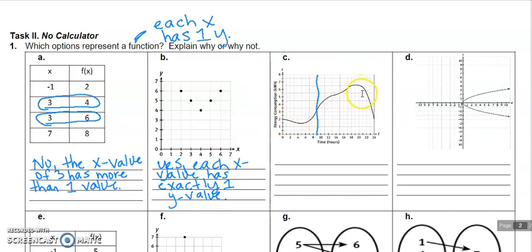And I don't think it's going to end up anywhere where it can intersect the relation more than once. So I would say, yes, this is a function. Again, each x value has exactly one y value.